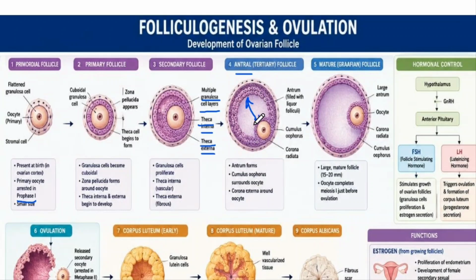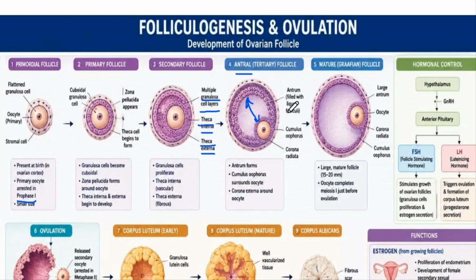The follicle becomes much larger and the oocyte remains surrounded by the zona pellucida and granulosa cells. At this point, the primary oocyte is still arrested in prophase 1.